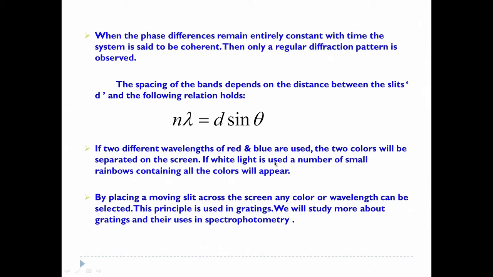If two different wavelengths are used, the two colors will be separated on the screen. If white light is used, a number of small rainbow colors you will be obtaining on the other side. By placing a moving slit across the screen, any color or wavelength can be chosen.